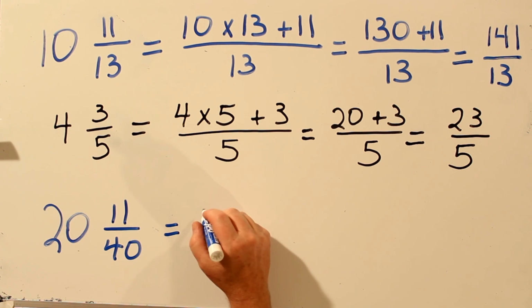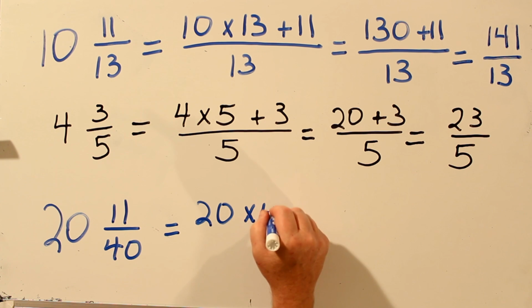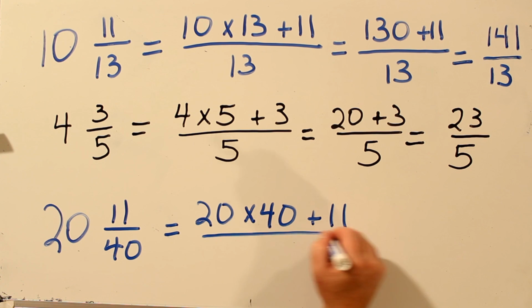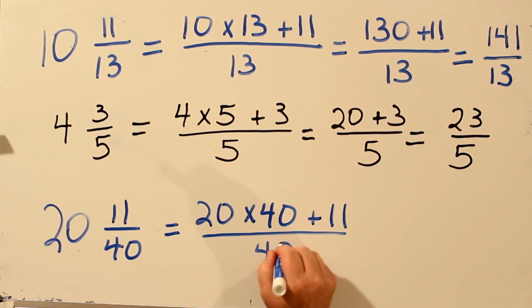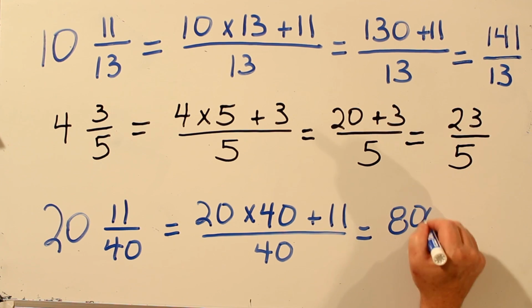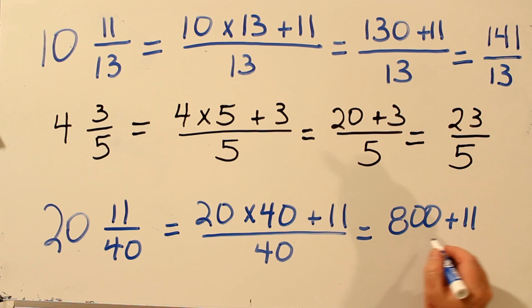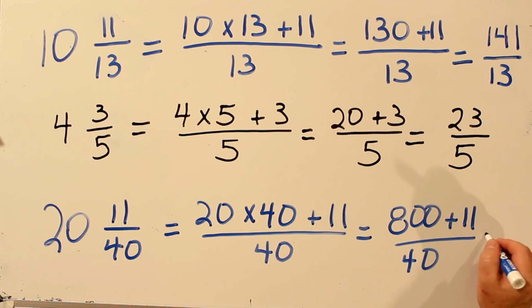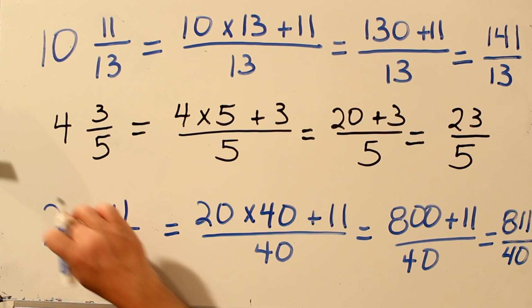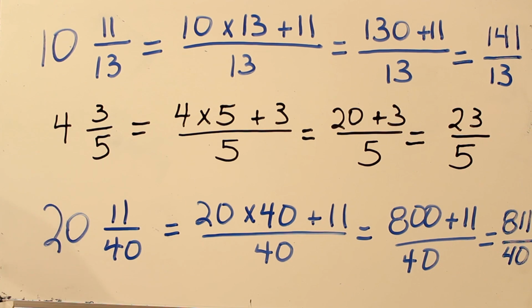Whole number times bottom number plus the top number all over the bottom number. 20 times 40 is 800, plus 11, all over 40, and it's 811 over 40. So 20 and 11/40 is the same as 811 over 40. And that's how you convert a mixed number to an improper fraction.